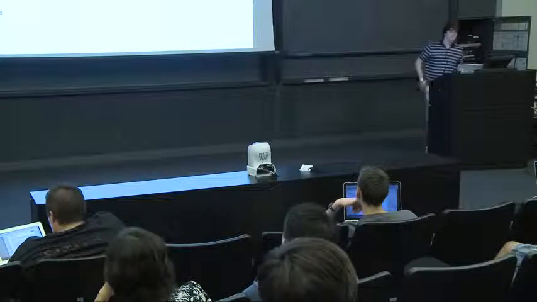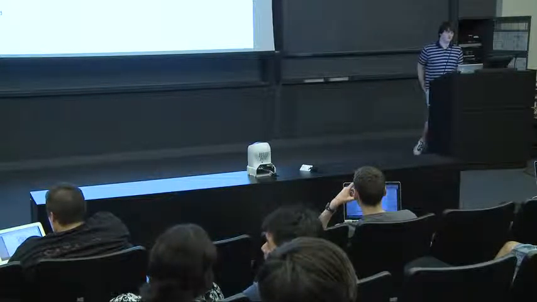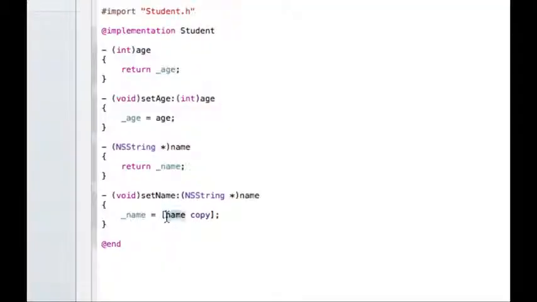Yeah. Well, because it's an object, you'd be modifying the pointer to that object, so you'd be modifying the initial object. Yeah, so it isn't, well actually, if we did not make a copy of the name, it isn't a threat that we are going to modify that NSString, since we don't have any methods for modifying that NSString.